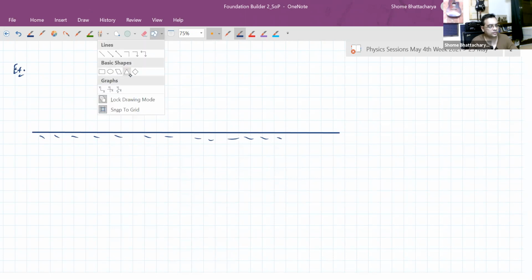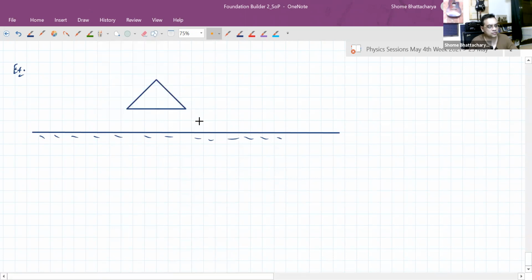So we have a triangular wedge like this. It's sitting on a frictionless surface. So this is of mass m. These angles are theta. This is a smooth surface.